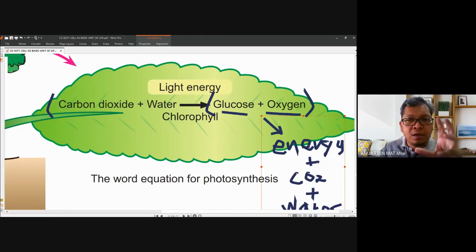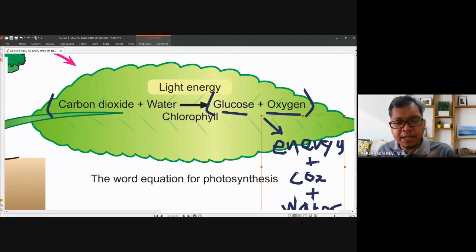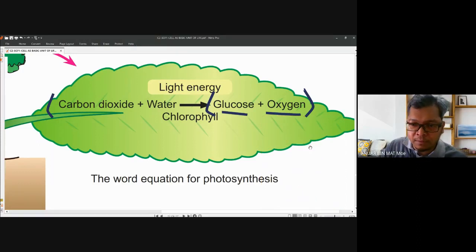Photosynthesis produces glucose and oxygen, and the respiration needs glucose and oxygen. Glucose and oxygen for what? Glucose and oxygen for respiration. But for photosynthesis, it needs carbon dioxide, water, light, and chlorophyll.